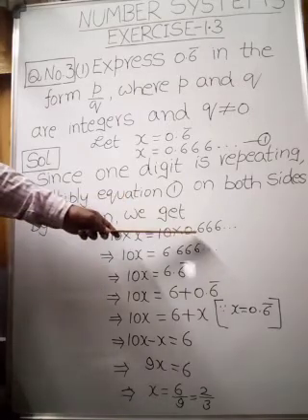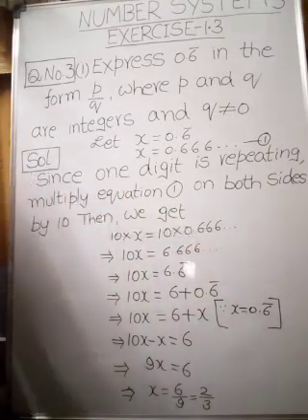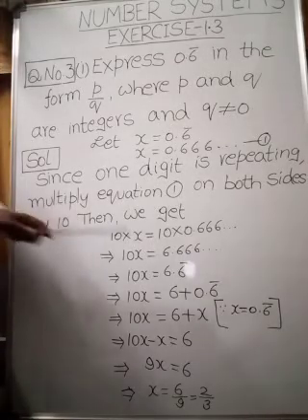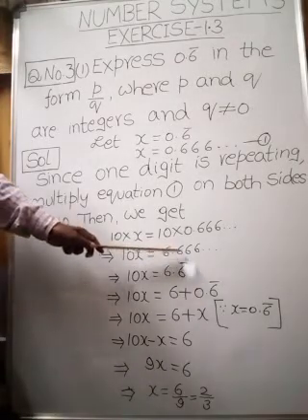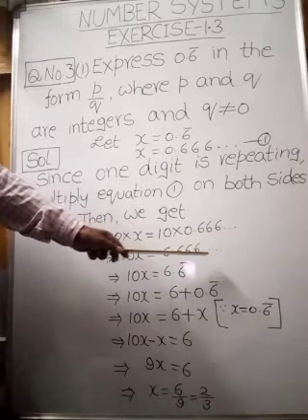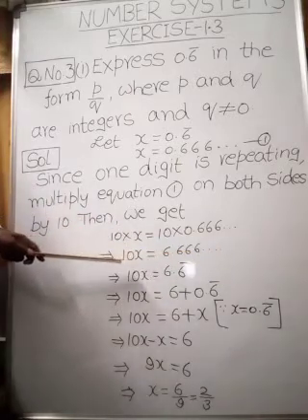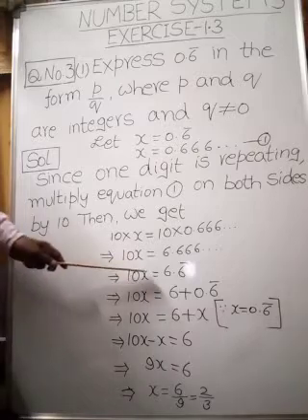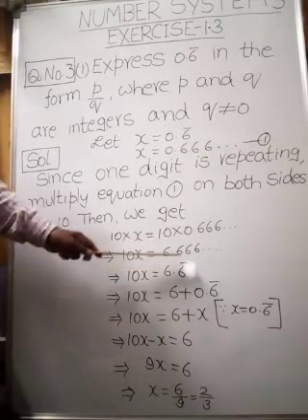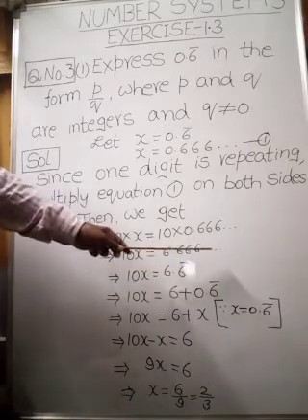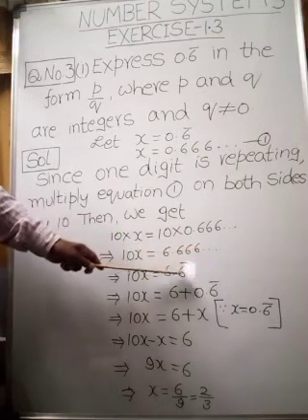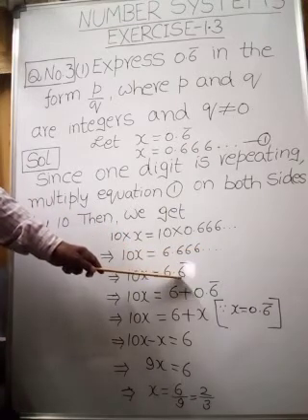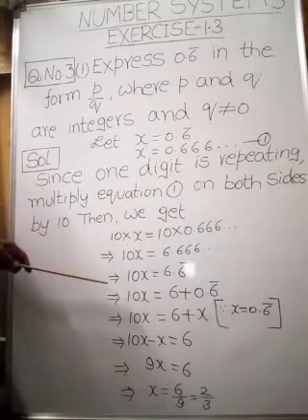One decimal place moves towards the right side. So we get 6.666 and so on. Understood this step, my dear children? This implies 10x is equal to 6.666 and so on. Again, this can be written as 6.6 bar. Understood?